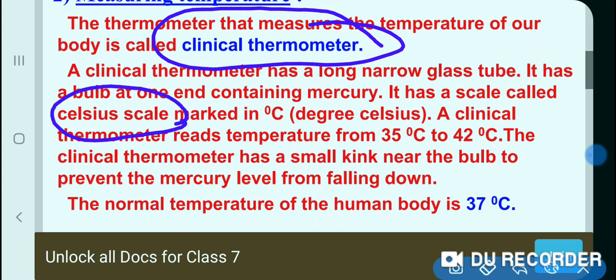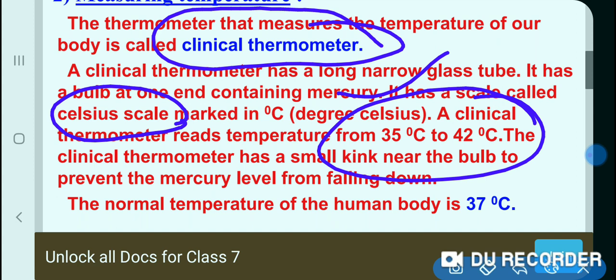It is often asked in the exam, what is the scale of the clinical thermometer and what is its range? The scale of the clinical thermometer is degree Celsius and its range is 35 degrees Celsius to 42 degrees Celsius.